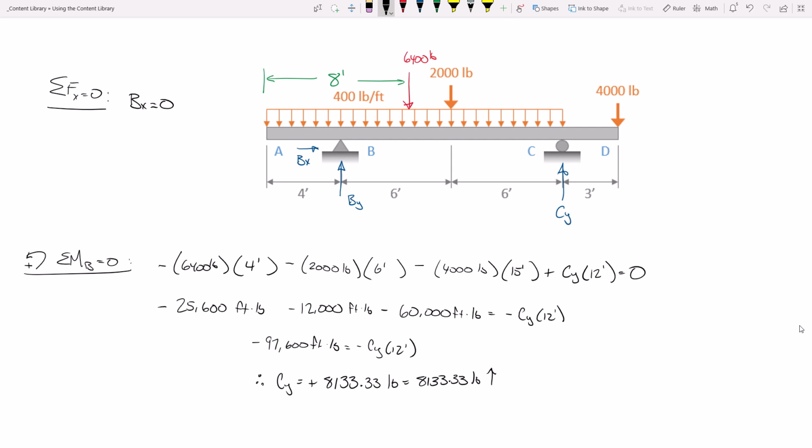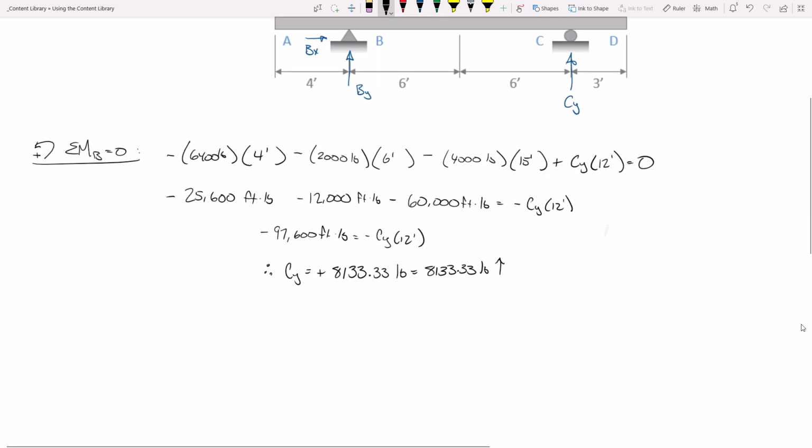Okay, all right. So, is this bringing it back? Y'all remembering this? Okay. So, now what do I do? Sum of forces in the y direction.